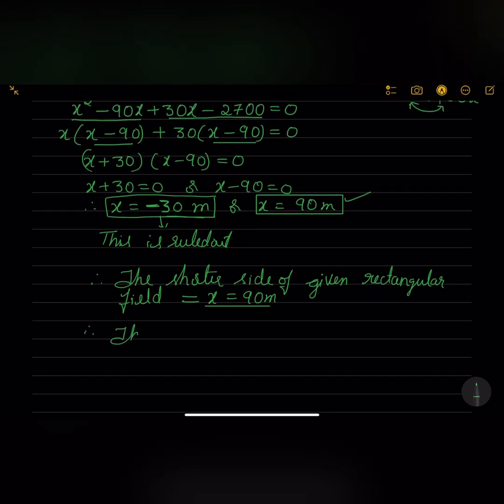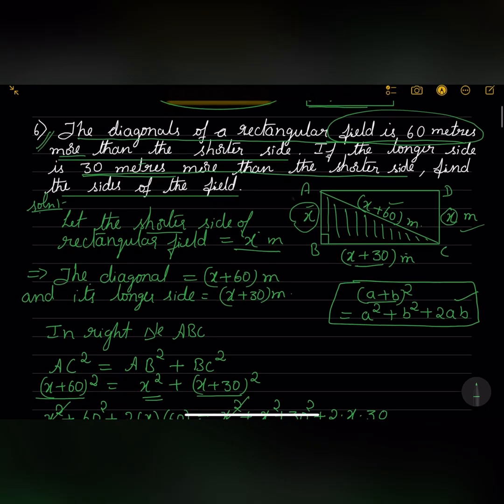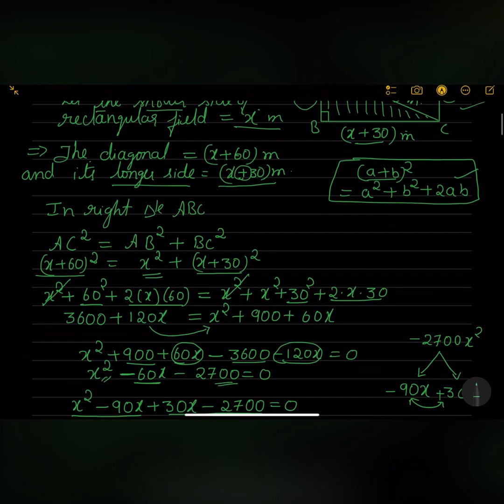Therefore the longer side of the given rectangular field is equal to x plus 30 meters. We know that the longer side is 30 meters more than the shorter side.